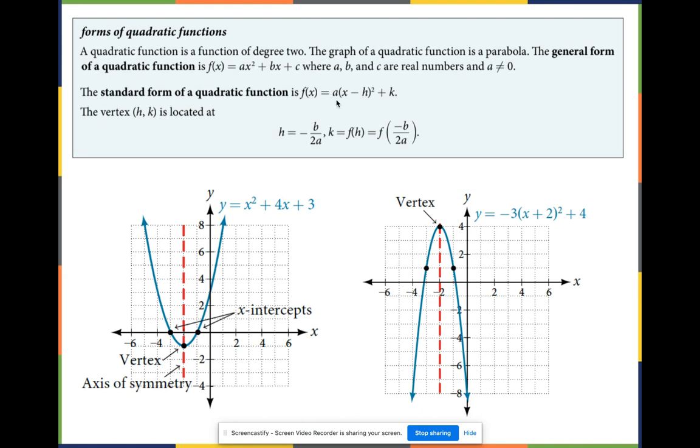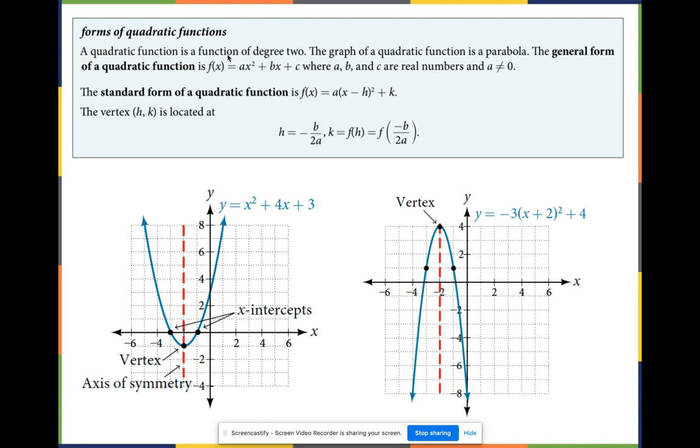And this tells us if the function has been vertically stretched or shrunk, and also if it's been reflected about the x-axis, right? If a is negative, the parabola has been reflected down, and so it opens down. So a negative leading term means the parabola opens down, and a positive leading term means it opens up.